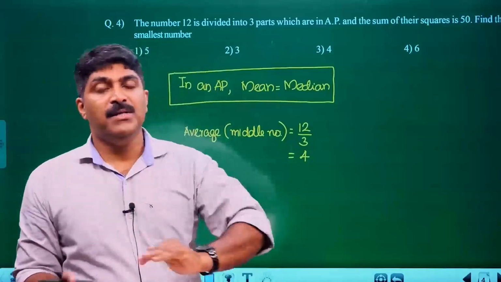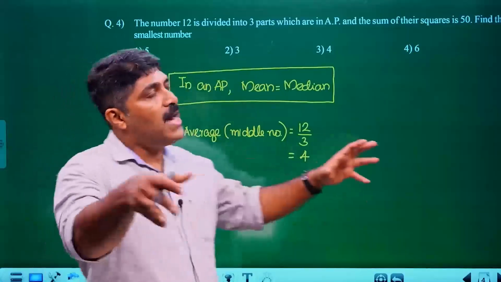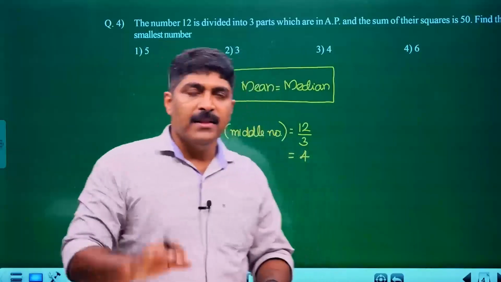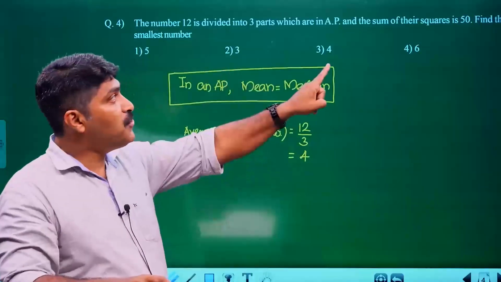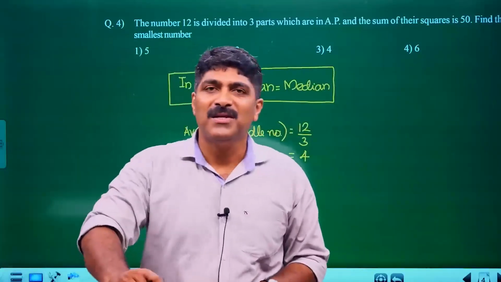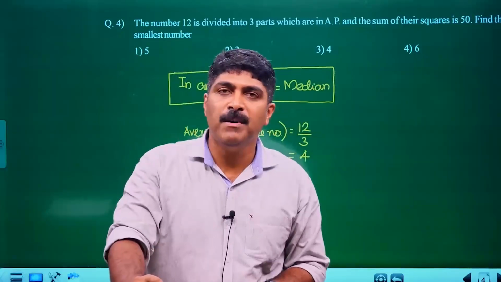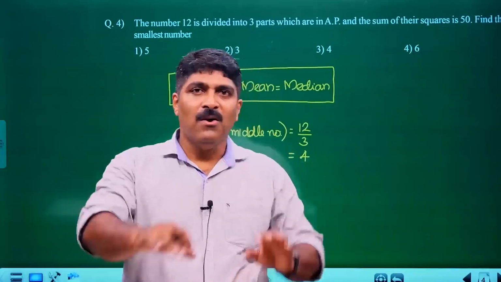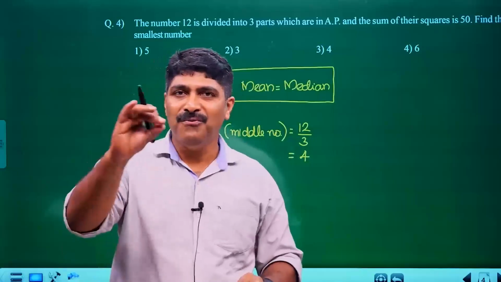A very simple understanding: if the middle number is 4 and the numbers are in arithmetic progression, which will be the smallest number? Most probably it's less than 4. Why most probably? Maybe all 3 numbers are the same: 4, 4, 4.